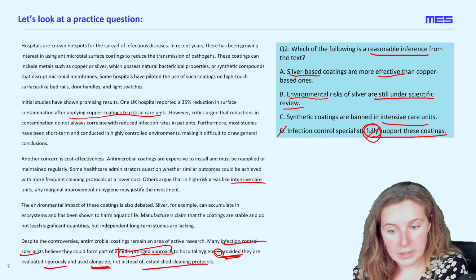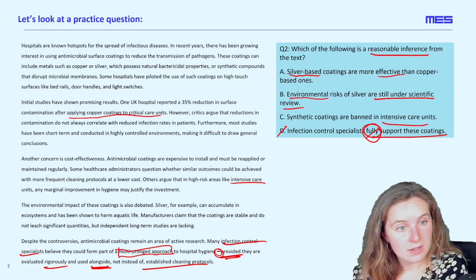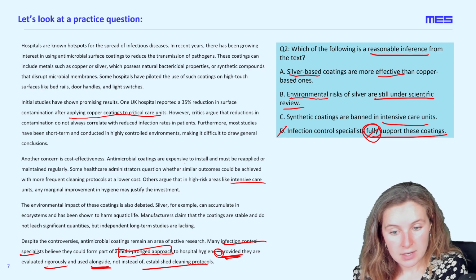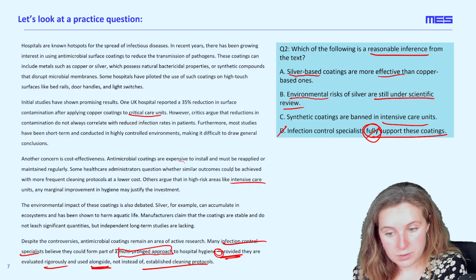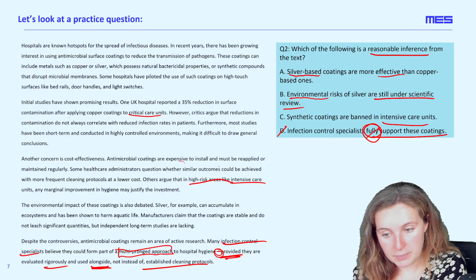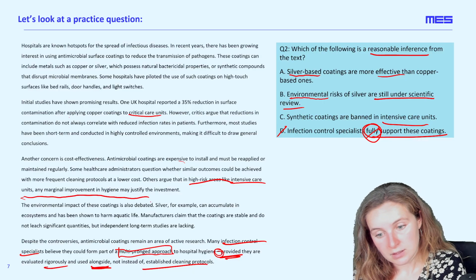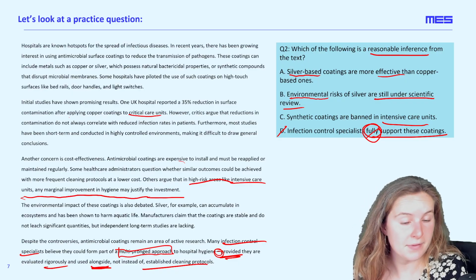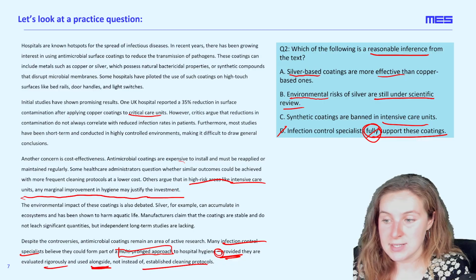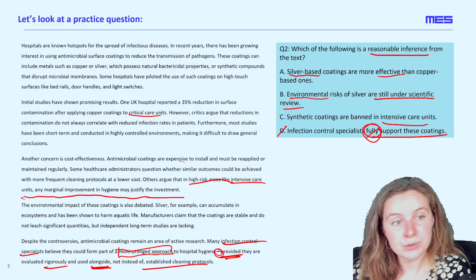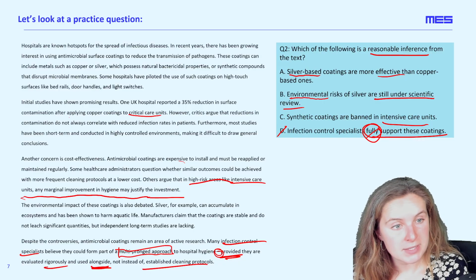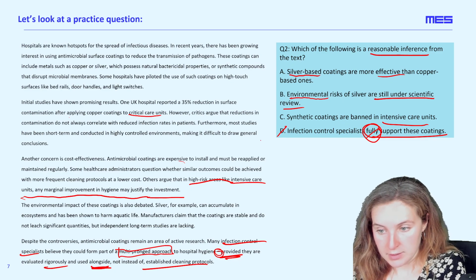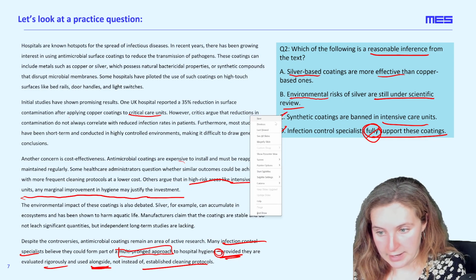So we know that it can't be true that they're banned if they've been used in these studies. And also, the fact that they're being argued that they can be used in intensive care units and that would be actually the best place to use them because it would be the highest yield area and the highest risk area suggests that they are not banned. It might be true that they are banned, but based on the information in the passage, we can't say that they are. So we have to cross that one out too.